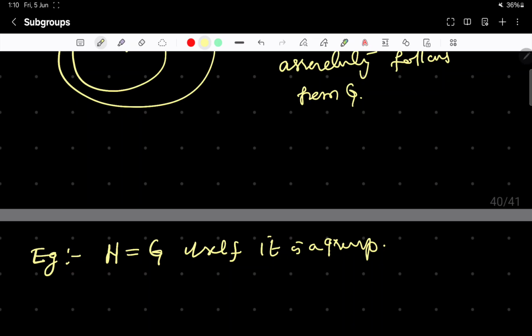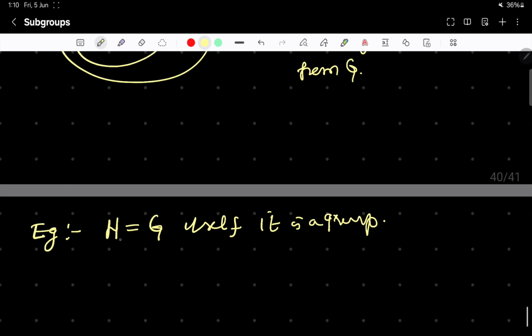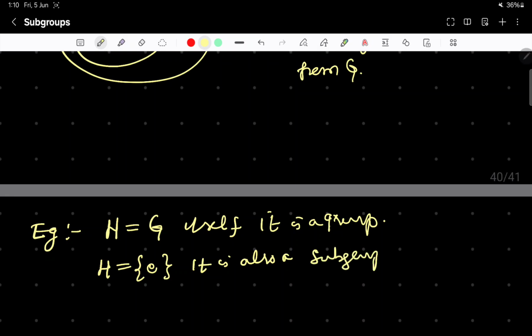So the full set is again a subgroup. Again, if you take H equal to the singleton set {E}, it is also a subgroup. So these sets are not interesting.